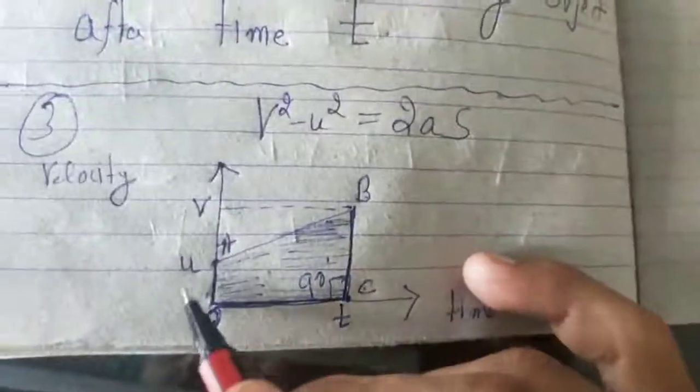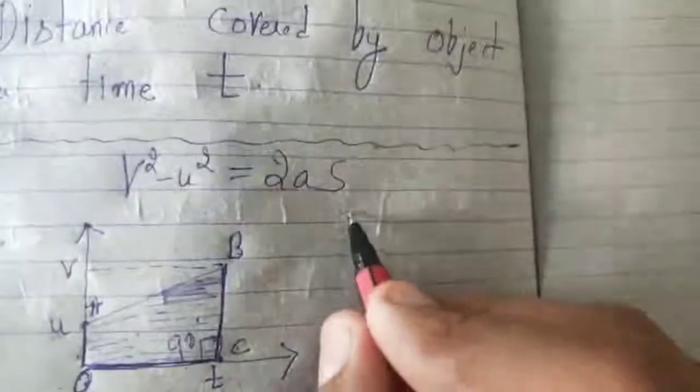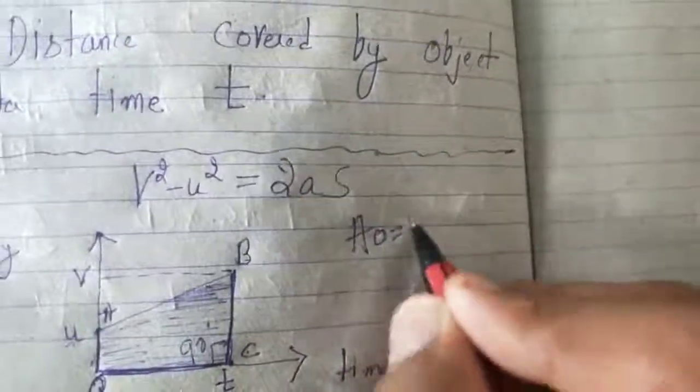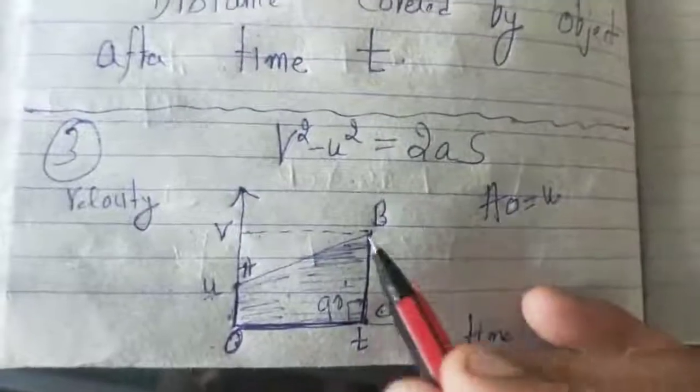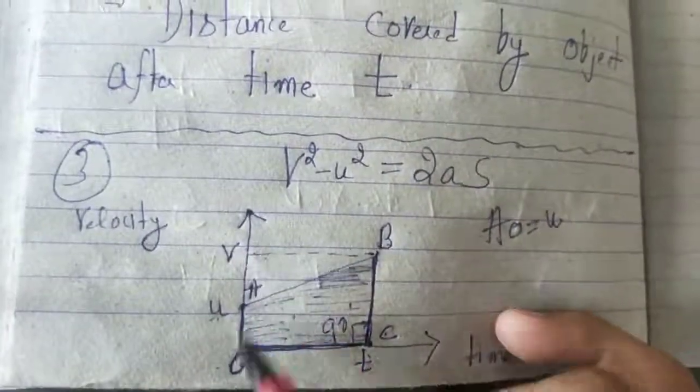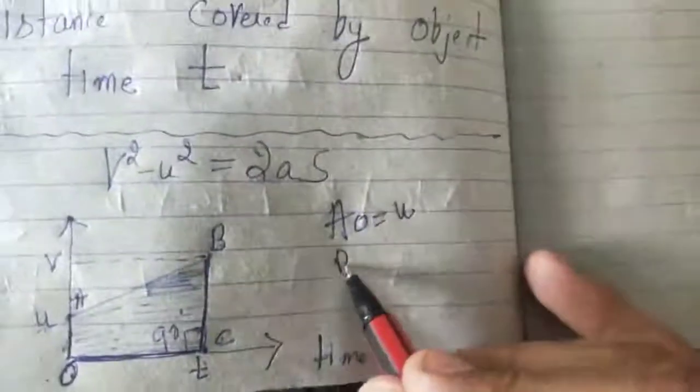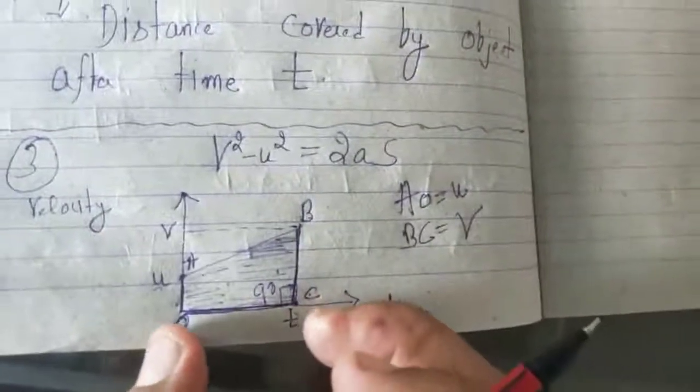You have to take the value of AO. AO is having a value of U, and BC is having a value of V. What is the height of BC? V. And what is the value of this perpendicular distance OC?